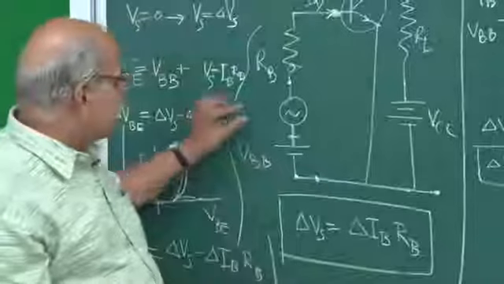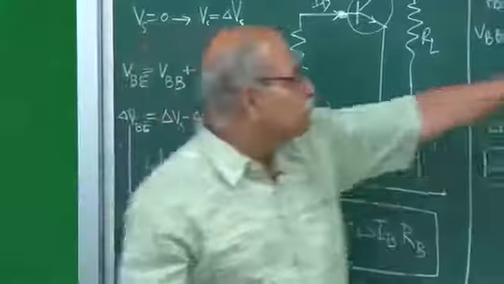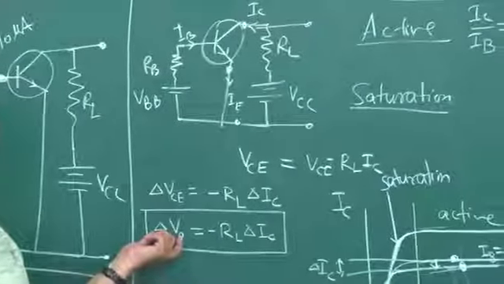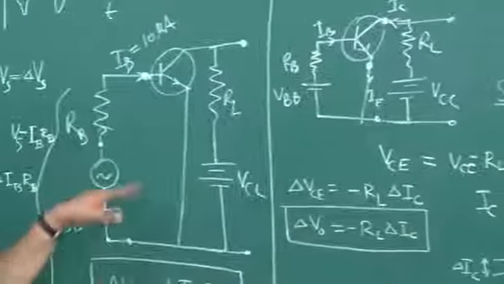So, if the signal varies by this delta Vs, the output voltage varies by this delta VO, right. And the variation is all linear.